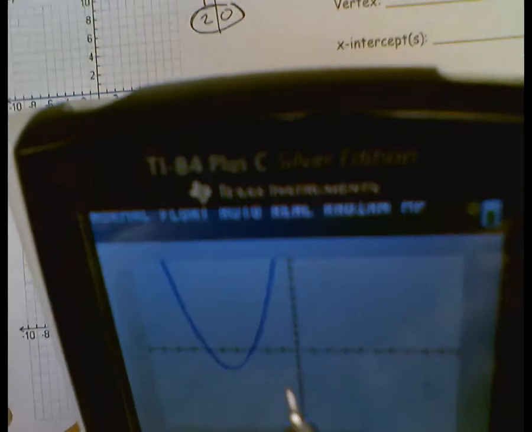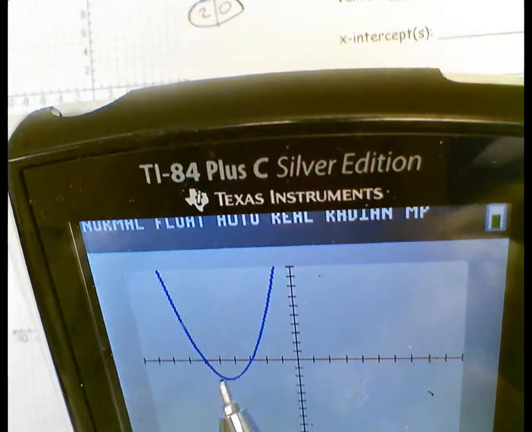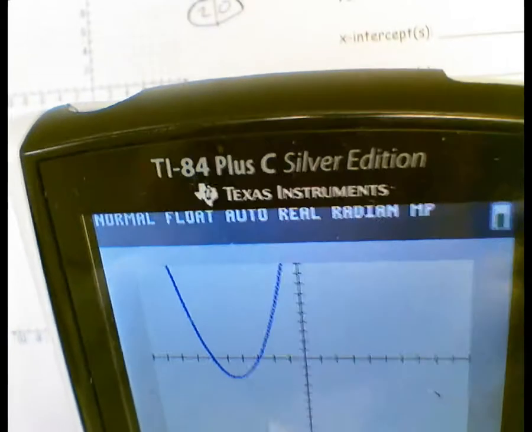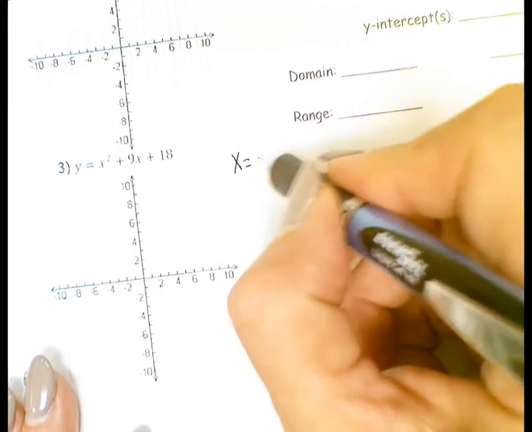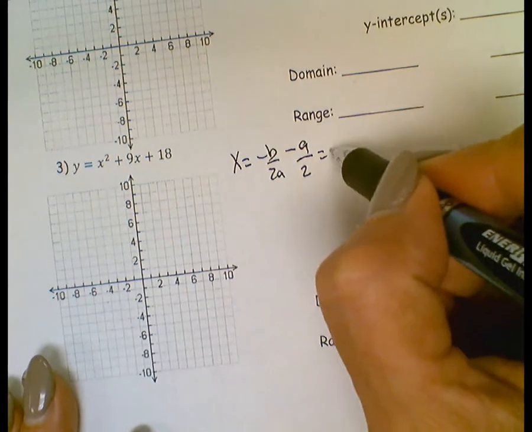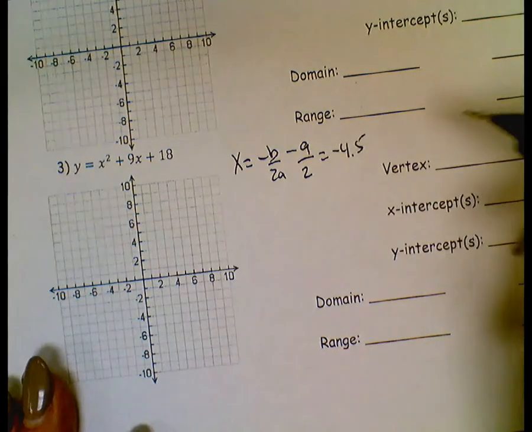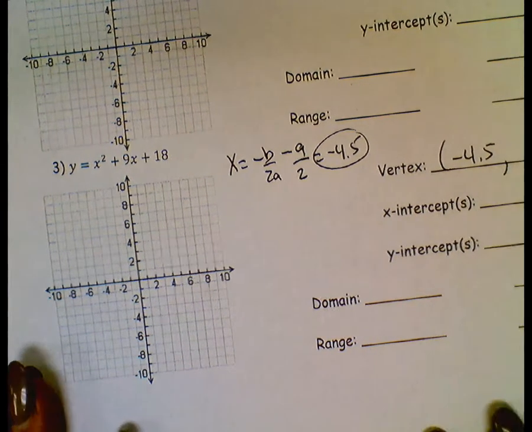So it looks like my x coordinate of the vertex is somewhere around, let's see, 1, 2, 3, 4. Somewhere between negative 4. This might be another decimal. Gosh, did I give you all decimals? So sorry about that. All right, so here we go. X equals opposite of b over 2a. So b is 9, so it's negative 9 over 2, which is another decimal. It's okay, we have practice. So in my vertex, write negative 4.5.